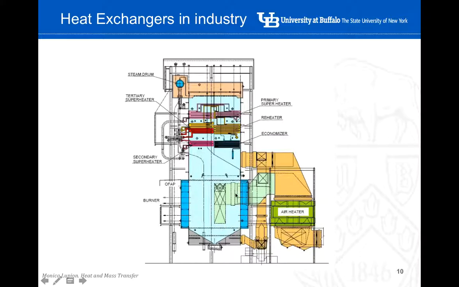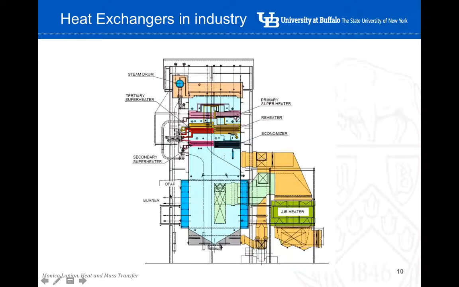The boiler here has tubes of water around the surface, so the water absorbs the energy from the combustion of the fuel, and because of that, the water evaporates, and this steam goes to a steam turbine to produce electricity.